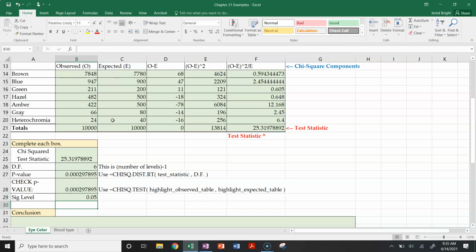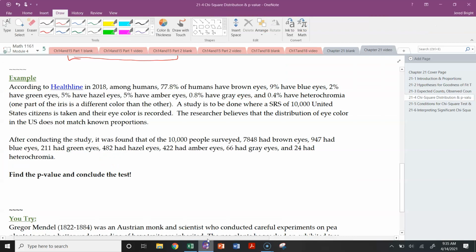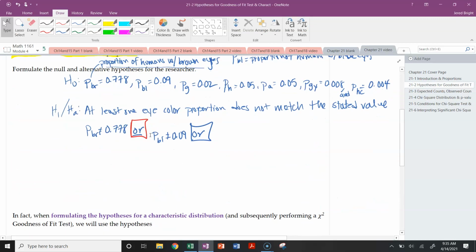Those are the only new mechanics. Otherwise, our conclusion is going to be the same. I'm not going to take the time to write it out here, but we know that p is less than alpha, so we reject the null. If our hypotheses were these, we would say there is evidence that at least one eye color proportion does not match the stated value.